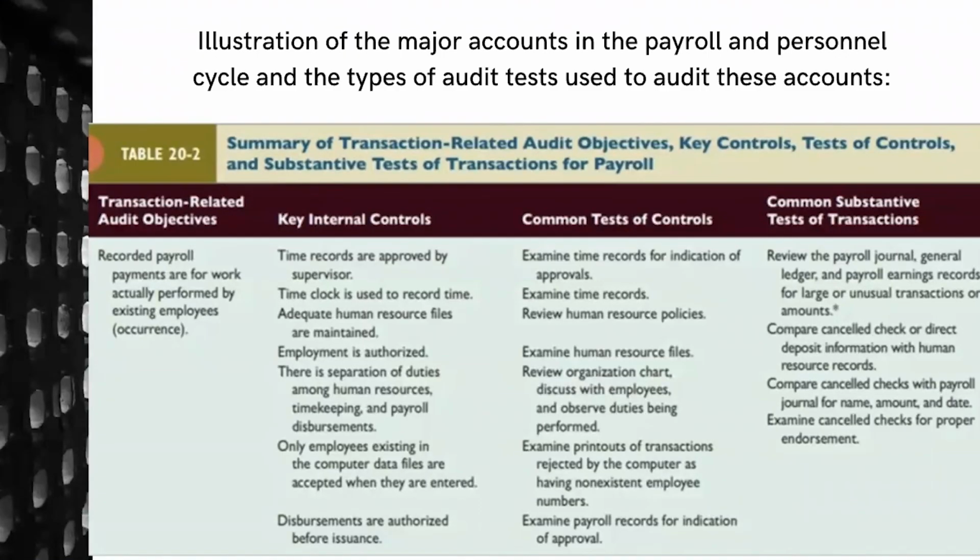In this last illustration, about the major accounts in the payroll and personnel cycle and the types of audit tests used to audit them, you can see a summary of the transactions, which was already explained before.